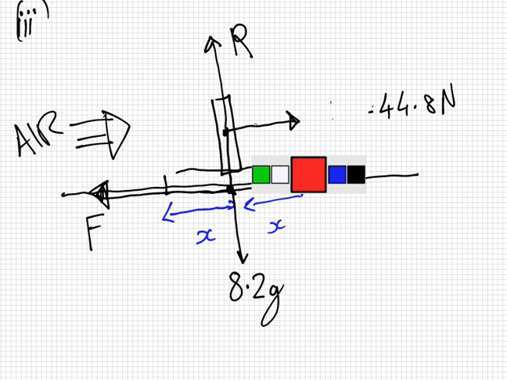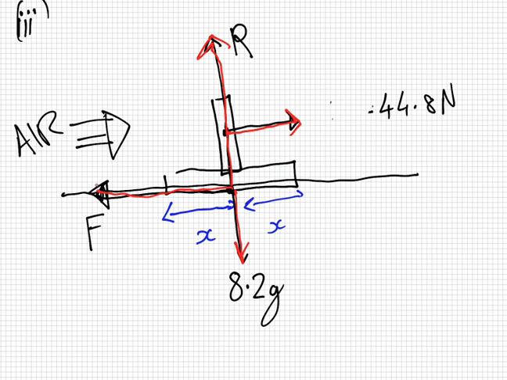So I'll just put this in red. 44.8, that's an 8.2 G, and then that's the friction force here. Something's gone wrong here for me. No, maybe not. Let me think.